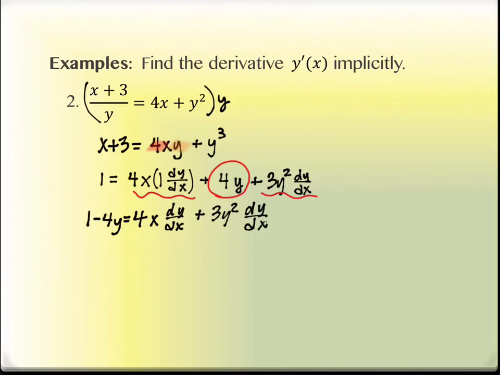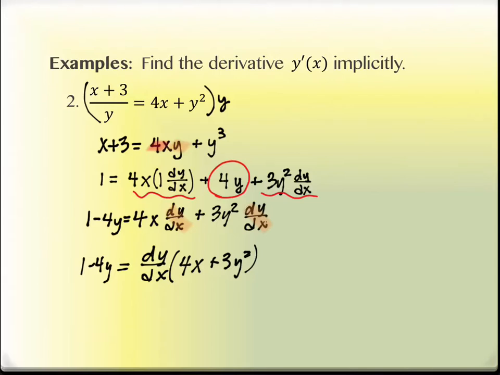So in order to solve for dy dx, I need to get it alone. Well, right now it's in two places. The only way to isolate it then is to factor it out of both of those places. So I can take my dy dx. I've got 4x when I factor it out, and 3y squared. 1 minus 4y. And then what would I do to eliminate this 4x plus 3y squared? I think somebody said it.